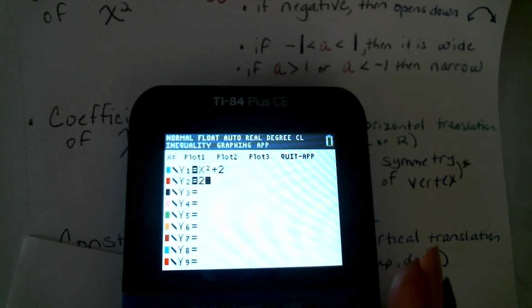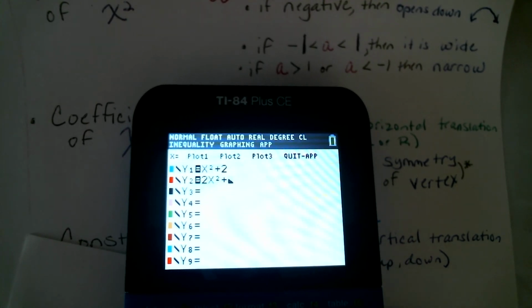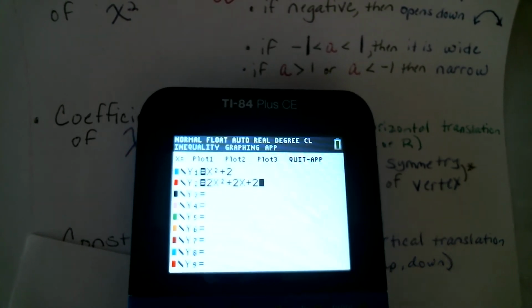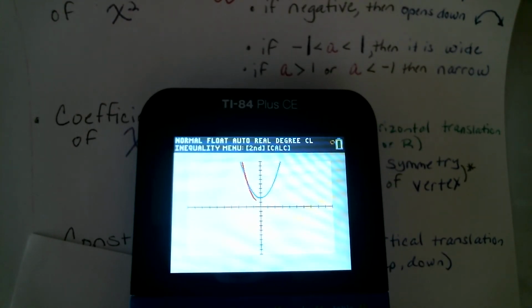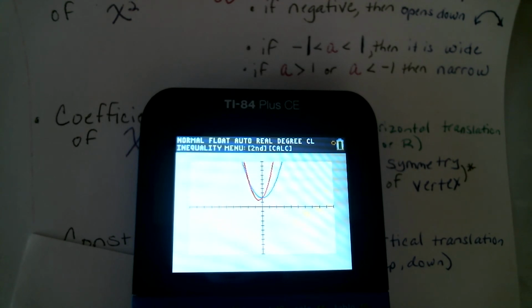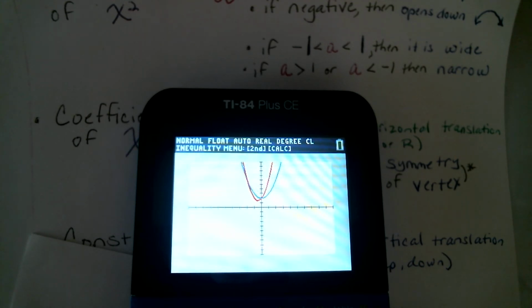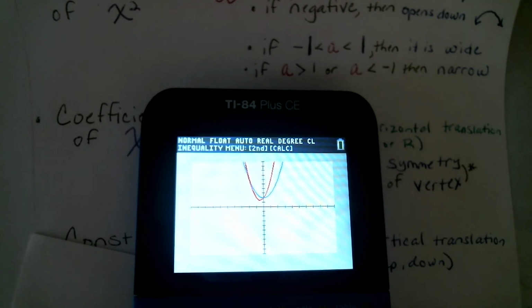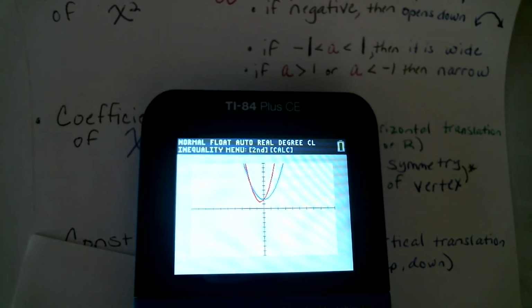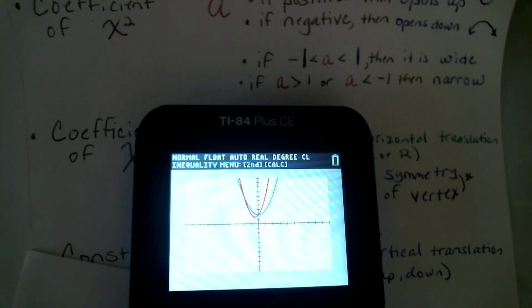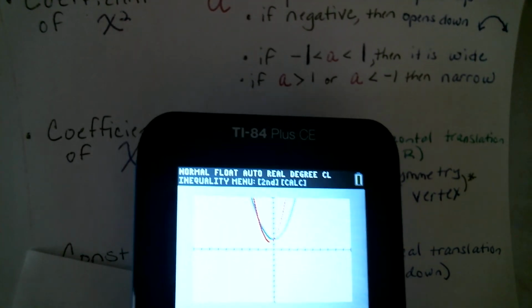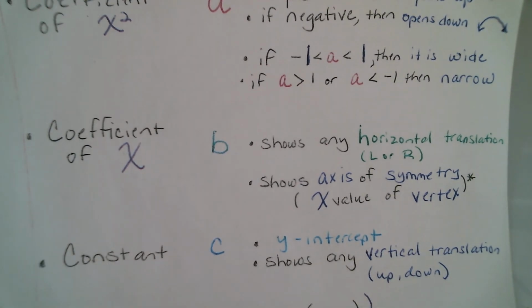How about 2x squared and 2x and 2? Okay, a little bit more narrow, a little bit to the left, and a little bit further down, right? Oh no, the y-intercept is the same. Different kind of stretch. We call it that we've either done a compression or a stretch when we change that A value. We're again going to talk about that a lot when we get into some graphing soon, okay?